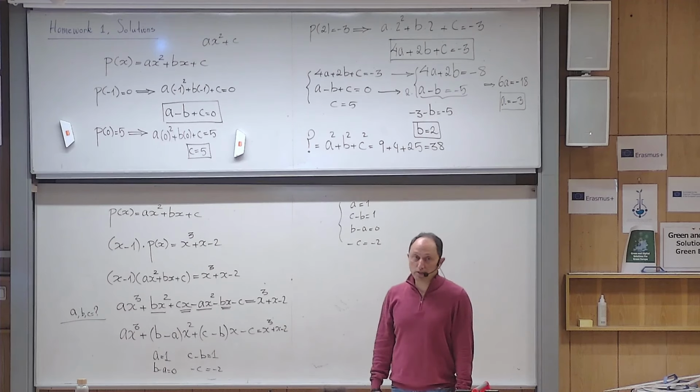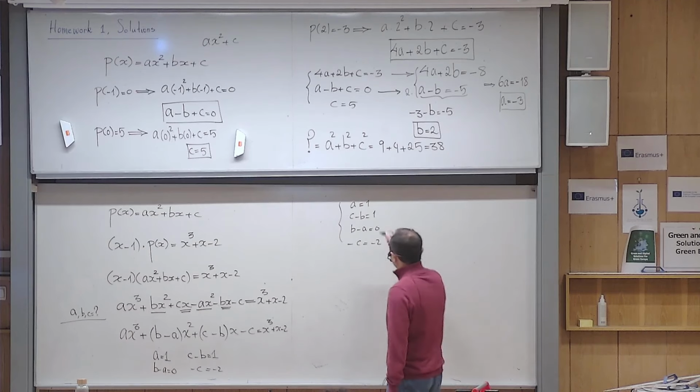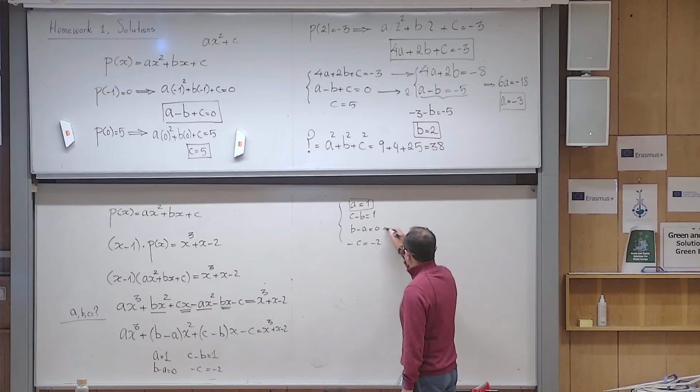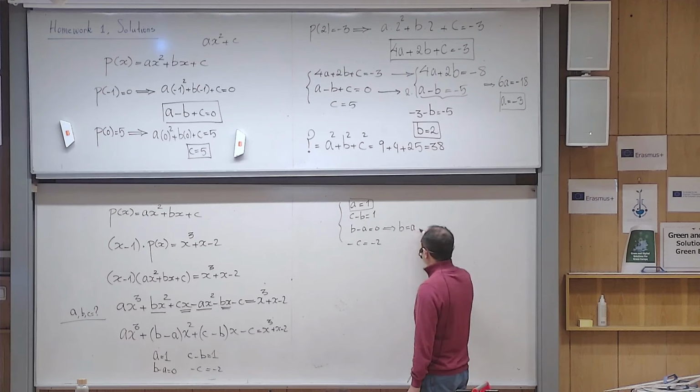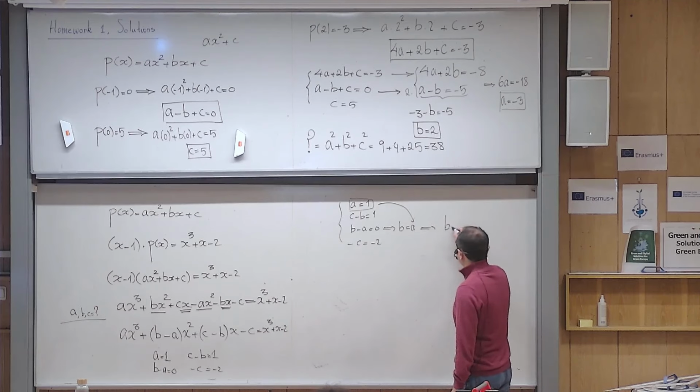So the information should be consistent. You have to check that out. But a is already 1. Immediately I understand that b and a are equal. If a is 1, what does it mean? b is also 1. c is what? 2. So I found that.